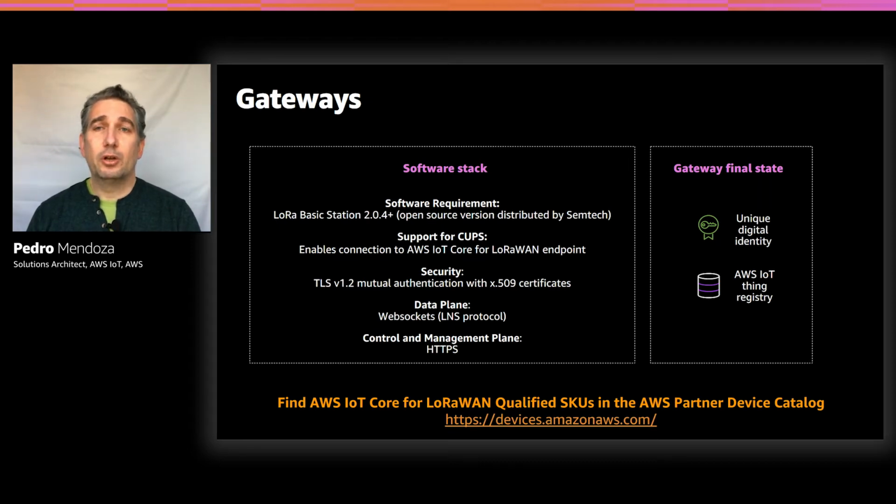Alternatively, you can also use off-the-shelf gateways. In that case, you will need to make sure that you are fulfilling all the requirements, and you will also be responsible for configuring the endpoints in order to connect to the AWS IoT Core for LoRaWAN service. You will also need to upload the vendor-provided certificates. At the bottom of the slide, you can find a link with all the devices that are already qualified to properly work with AWS IoT Core for LoRaWAN.